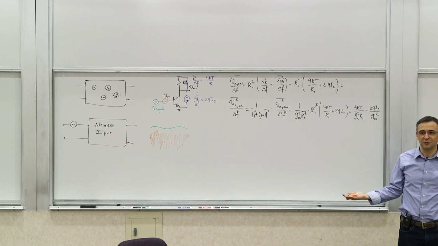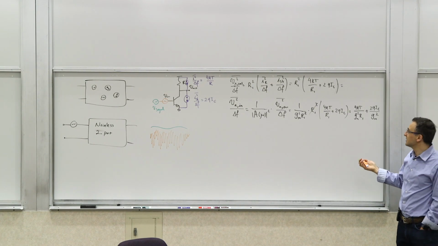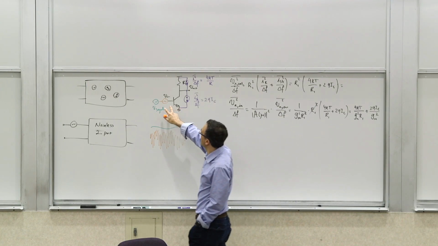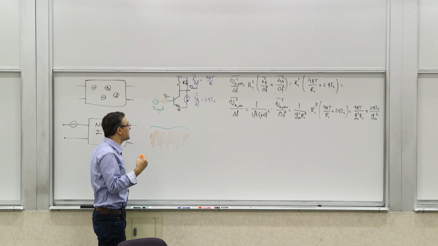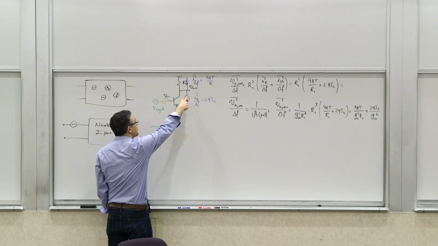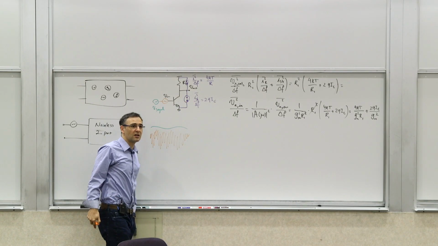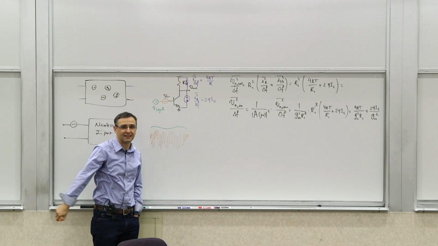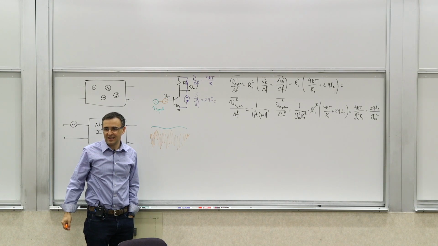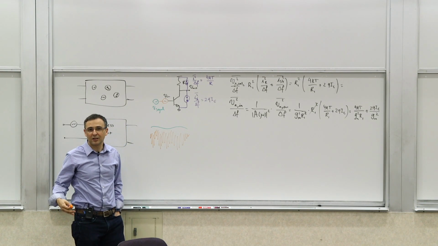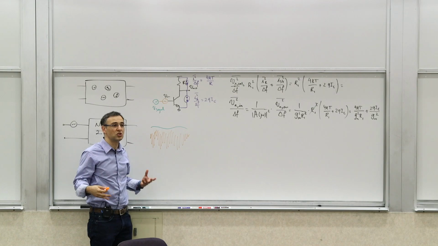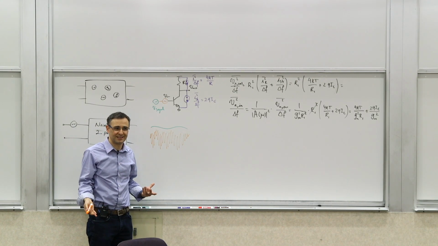Should I increase the current or should I decrease the current? Increase the current, right? Why? Because it's the input referred noise that gets compared. The output noise does increase if you increase the current, but so does your gain. And the power of the signal is proportional to GM R squared.